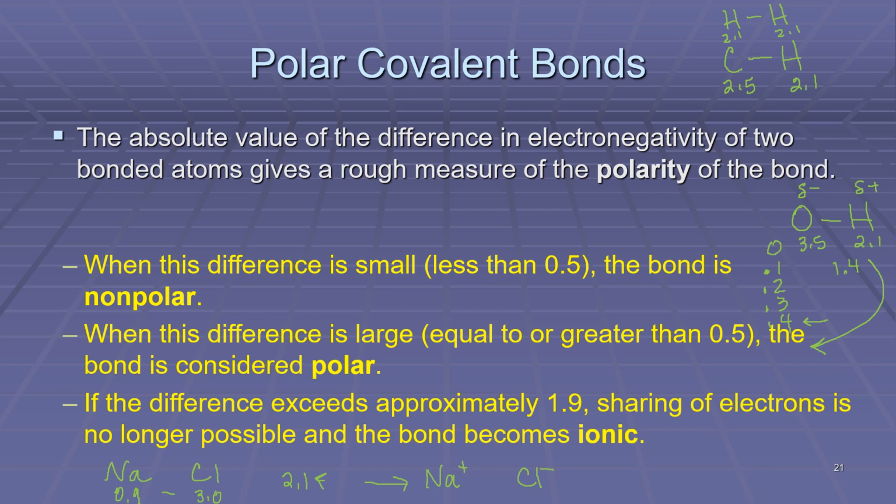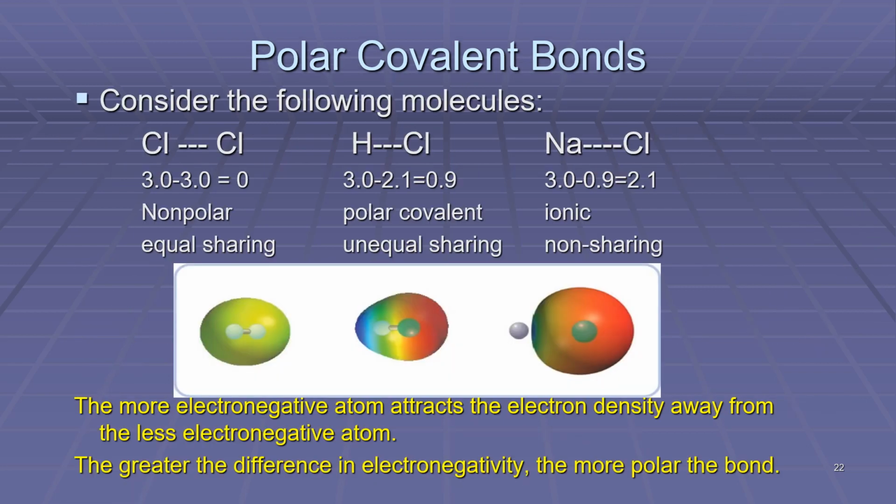So we consider anything under 0.5 to be nonpolar, anything between equal to 0.5 and up to about 1.9 to be considered polar, and then anything above that is usually considered ionic. Of course, there are a few exceptions, but that's a really good trend, or really good guidelines to use. So here's some examples.